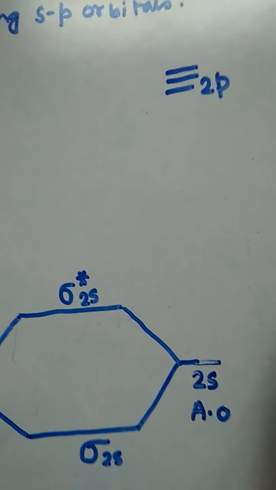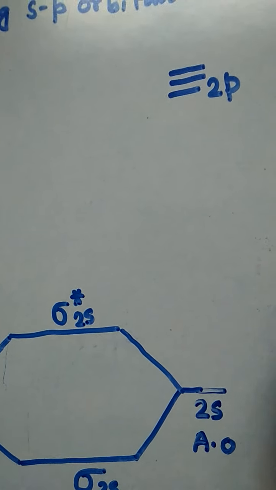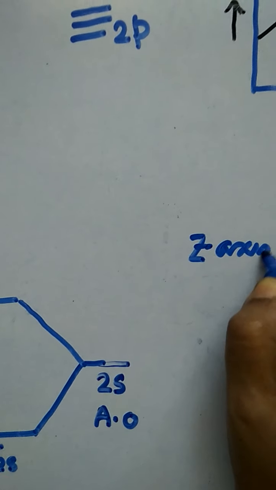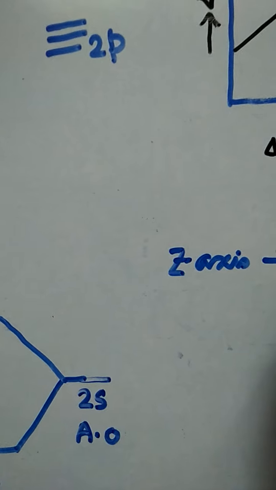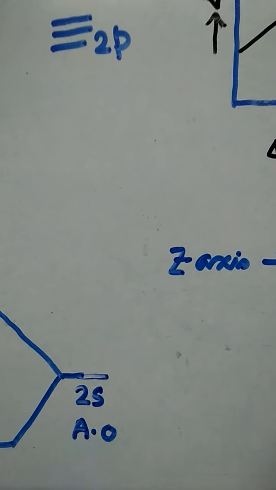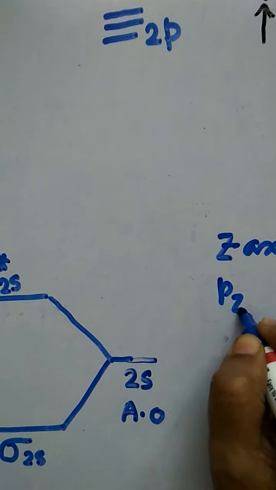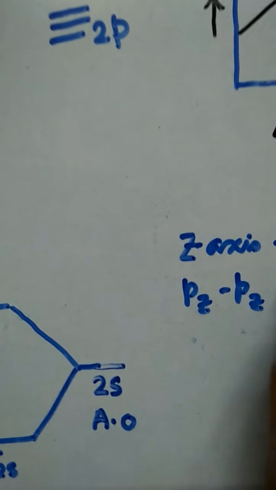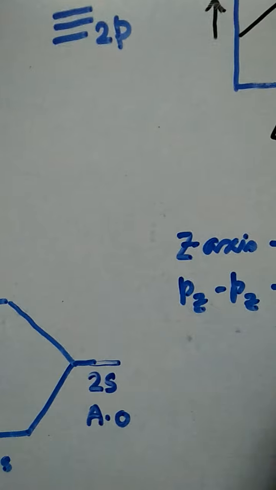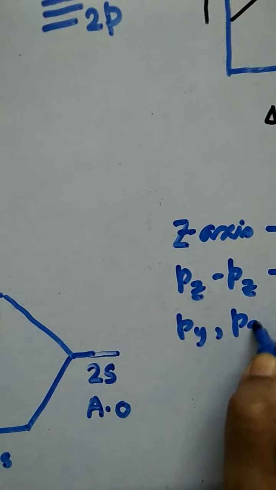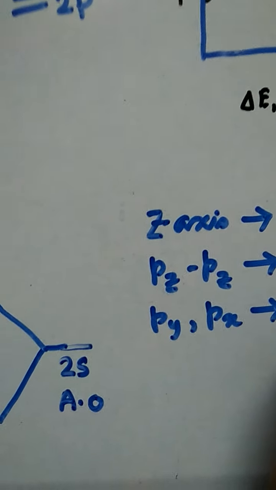If you choose z axis as molecular axis, what will happen? The sigma bond will be formed by pz combination, and the other two, that is py and px, will form the pi bonds.